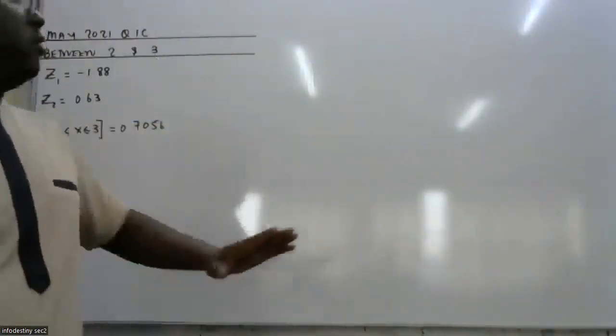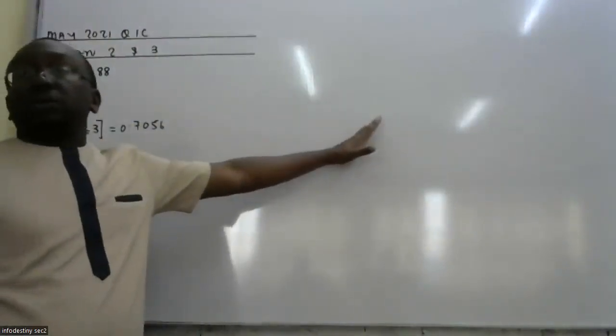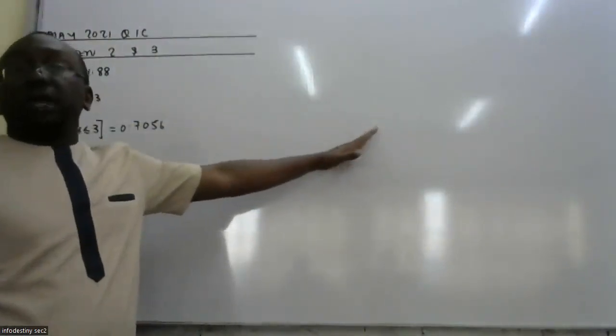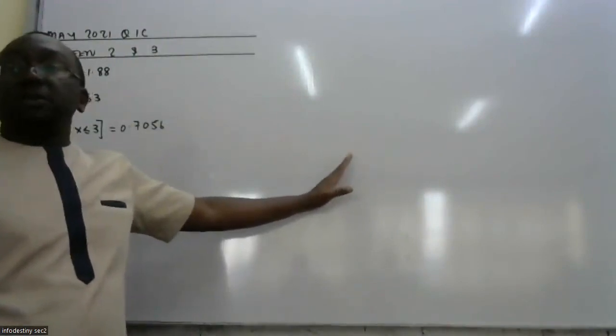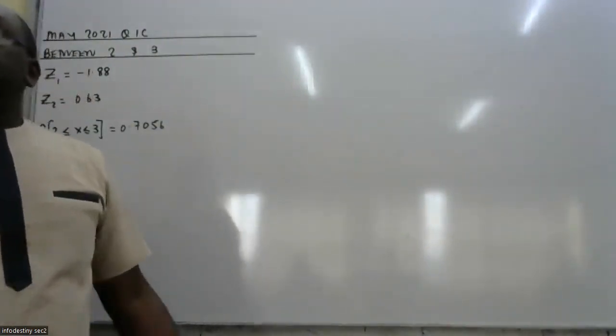You get the probability of 3.7 and above. You get 0.5 minus what you read from the table, then you multiply by 10,000. That's all.